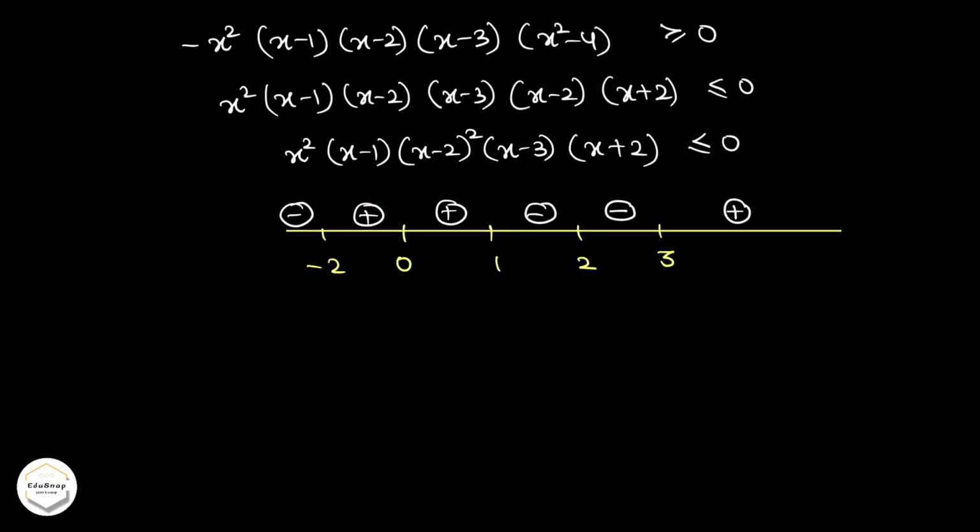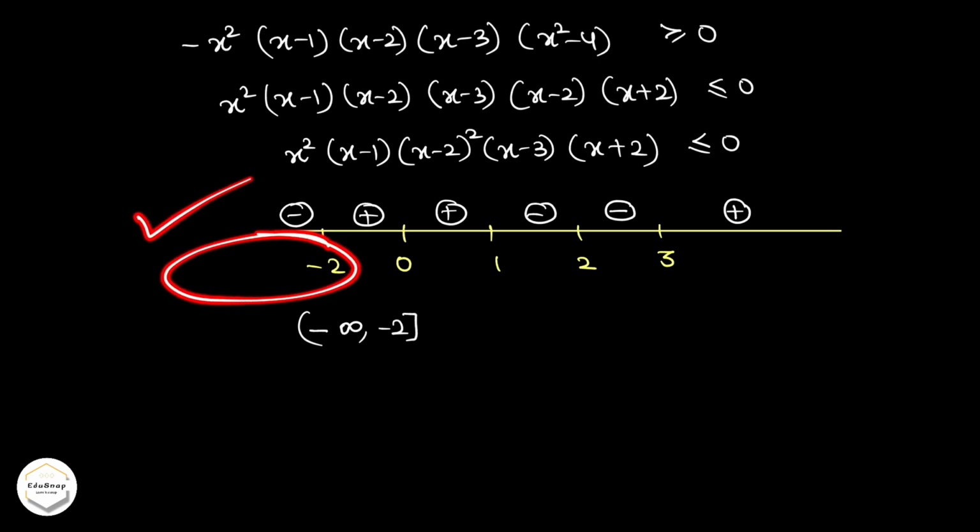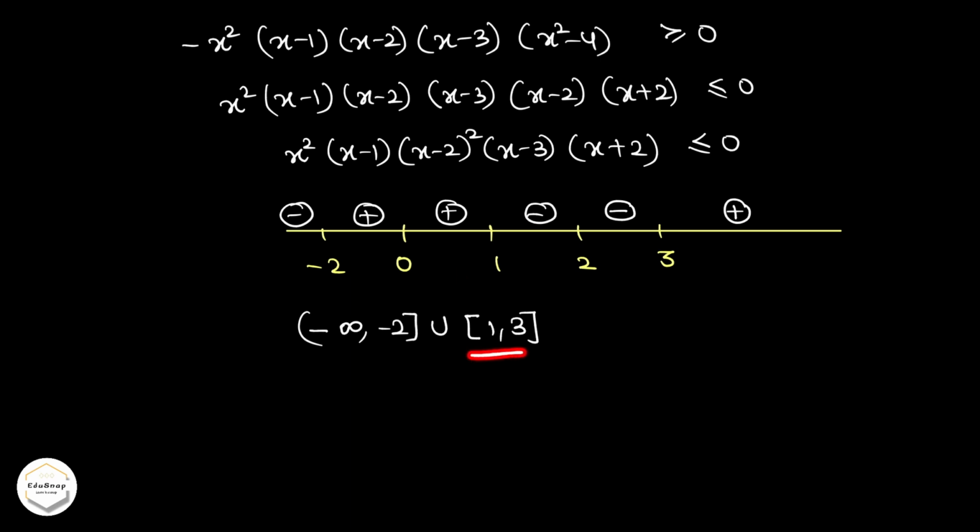Okay, now in the problem we want the region where it is less than or equal to 0. So we will say that this is the portion which is required. Next, if you observe here, that is 1 comma 3. From here to here it still remains negative, but you missed one of the points that we will be discussing. Which point are you going to miss?